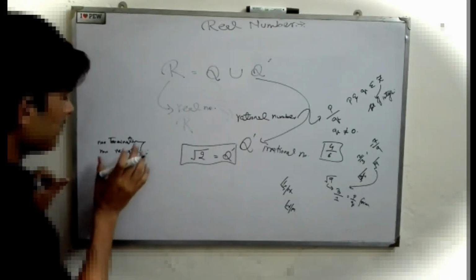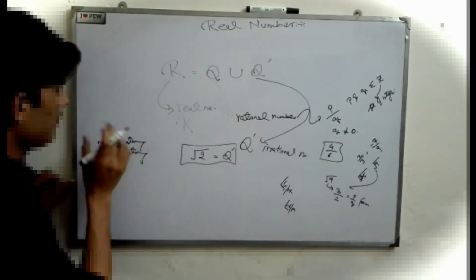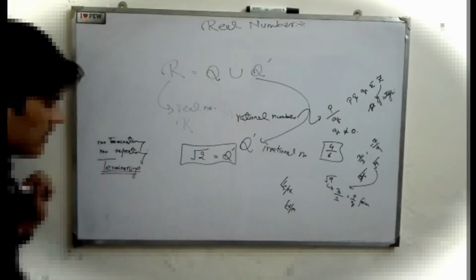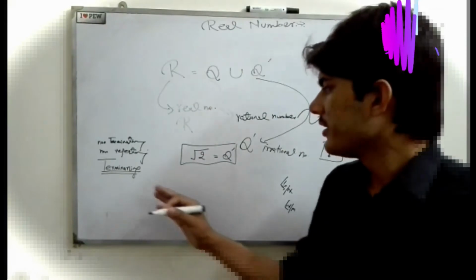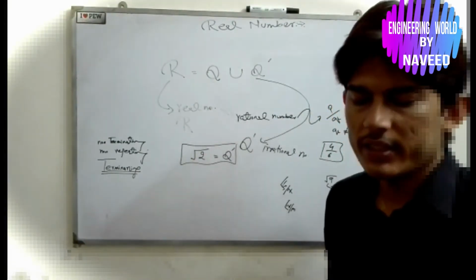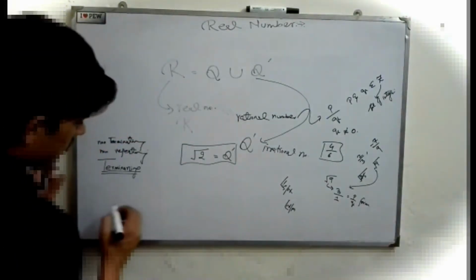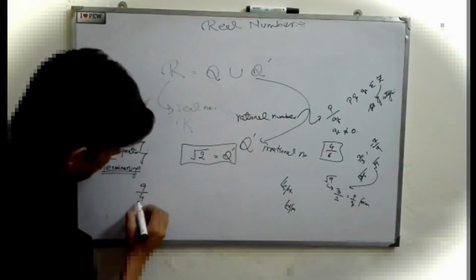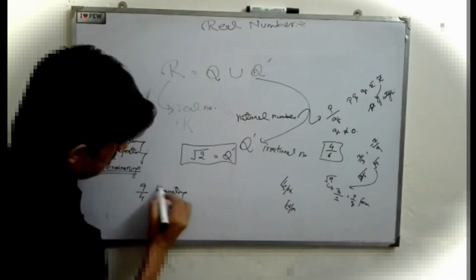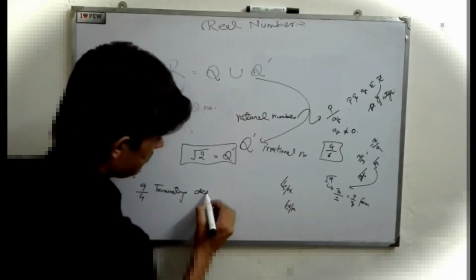So what is meant by terminating and repeating form? Let's discuss terminating first. Let's take an example, and from the example you will fully understand. If you take the example of 9 by 4, this is a terminating decimal representation.